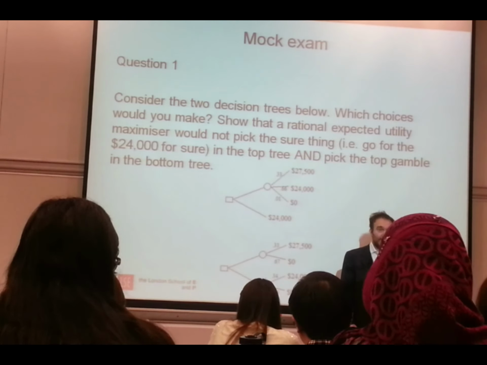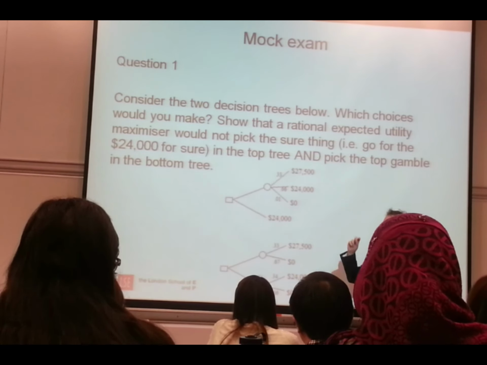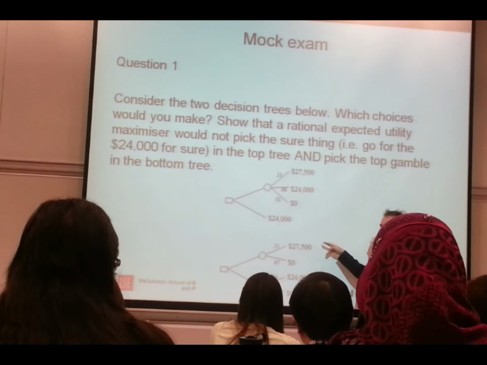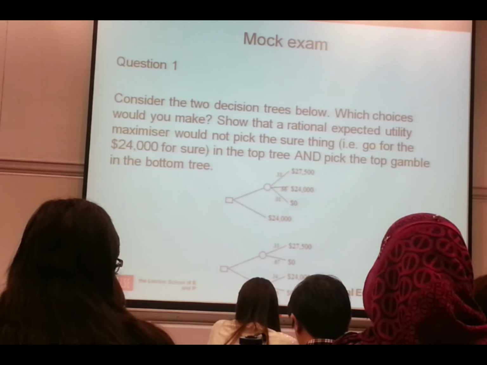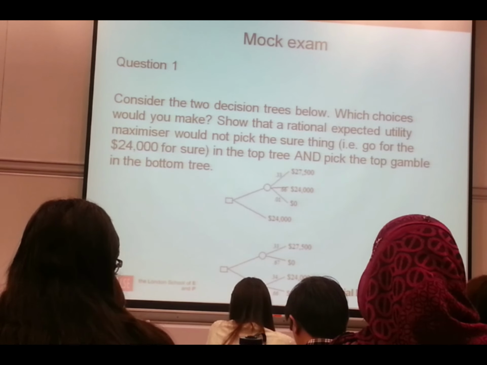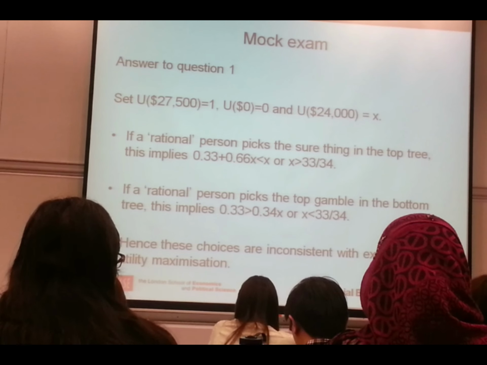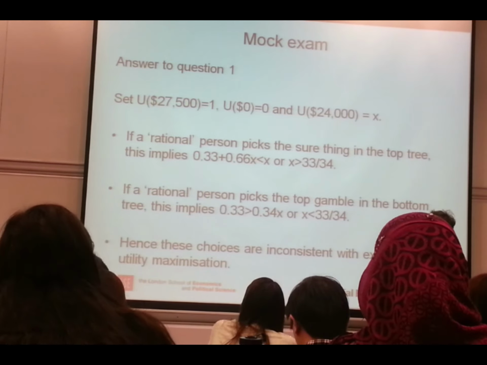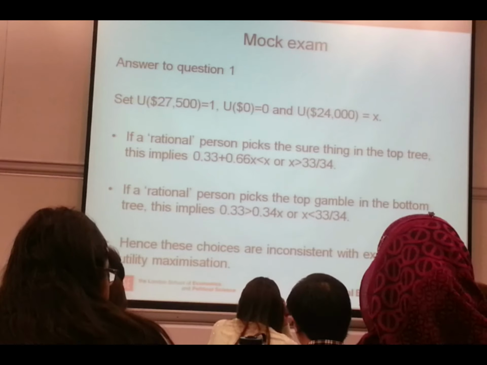So even though we don't know the utilities of each of these, we can set the lowest one equal to 0, we can set the highest one equal to 1 or 100, and we know that whatever's in between will give a utility somewhere in between. So we set u of 27,500 equal to 1, u of 0 equal to 0, and u of 24,000 equal to x.